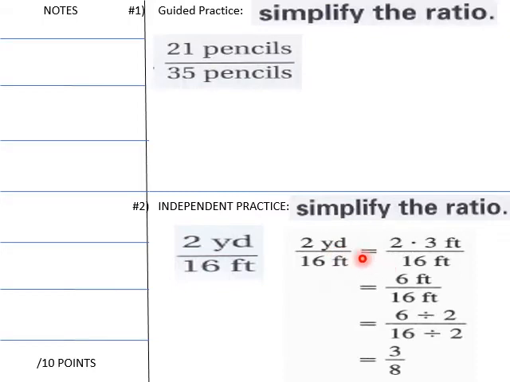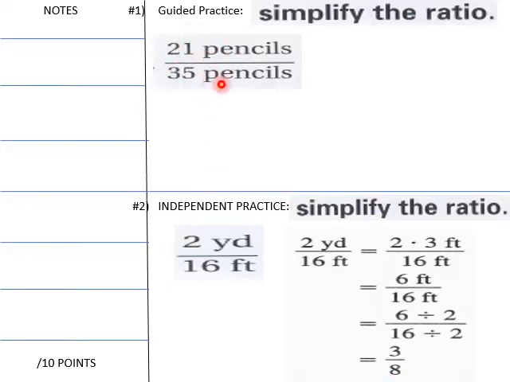So 2 yards to feet, we go 6 feet to 16 feet. Our greatest common factor will be 2 here, then we get 3 over 8. So we get 3 feet to 8 feet here. It'll be 6 over 16, so it'll be 3 to 8 for this ratio.